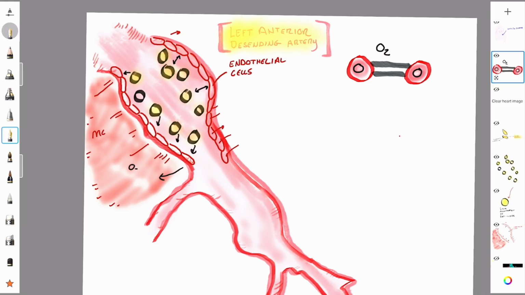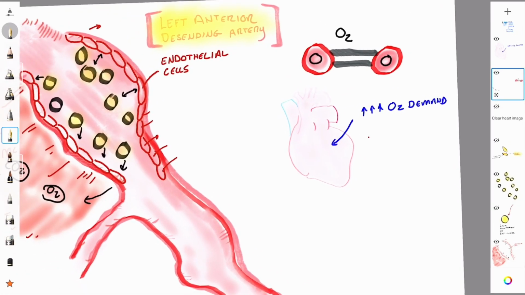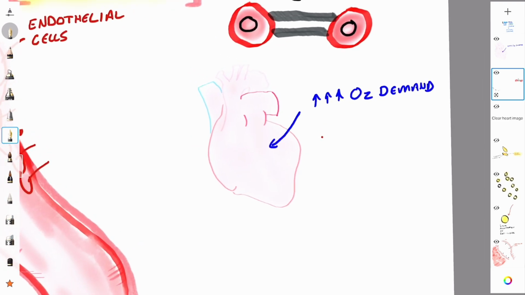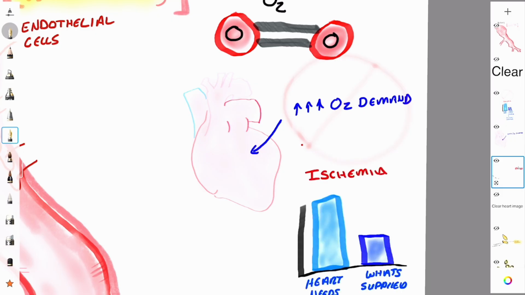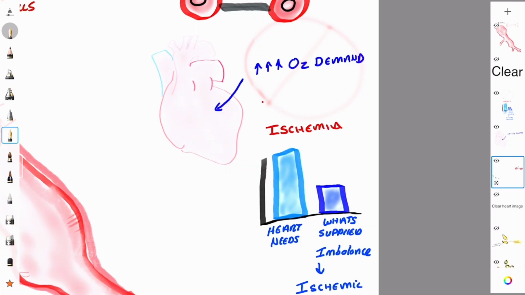So we know that all of this tissue requires a lot of oxygen, right? All of this myocardium requires a lot of oxygen. So here we have oxygen, and we know that the heart has a large oxygen demand. And basically, when we don't get that oxygen, we're left with a problem where what the heart needs is elevated and what the heart gets is decreased.